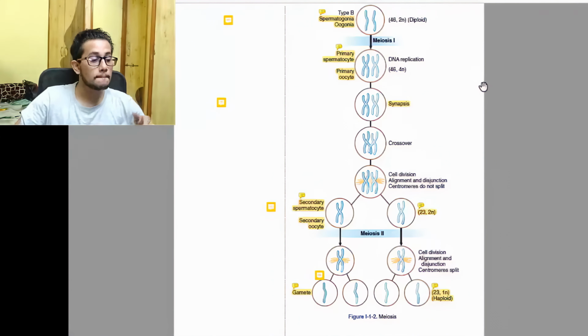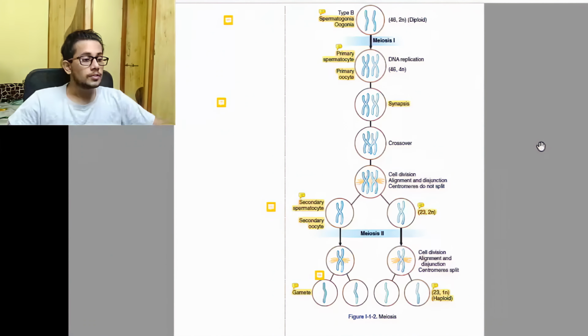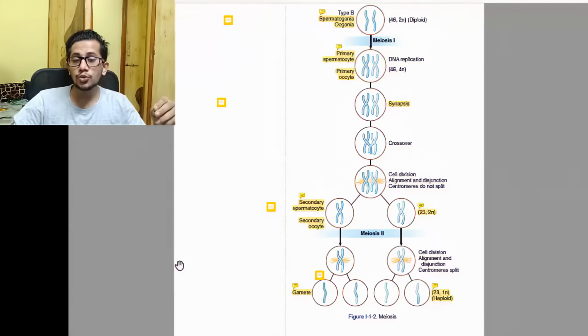It's done. But in females, the primary oocyte goes through synapsis and crossover, one of them each month, and they are in the stage of secondary oocyte, and they are arrested there. They will not progress further to meiosis 2 unless they are fertilized, mixed with a sperm.